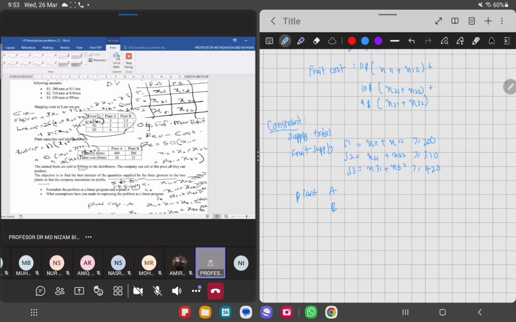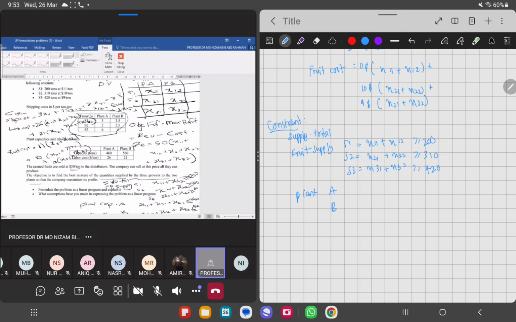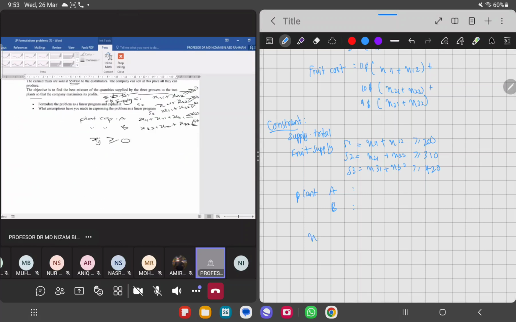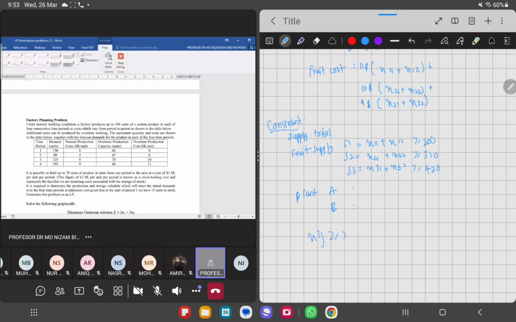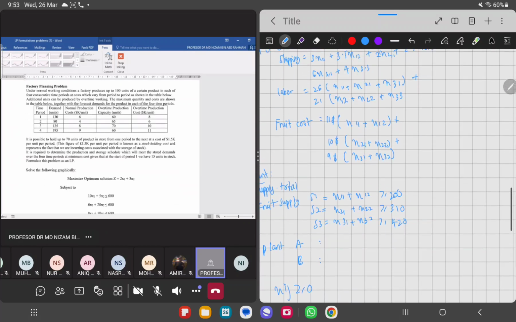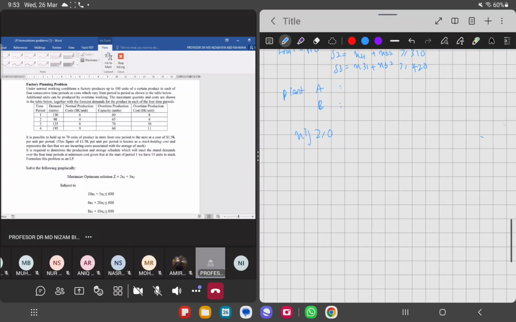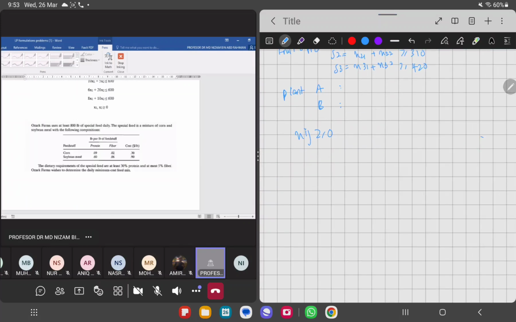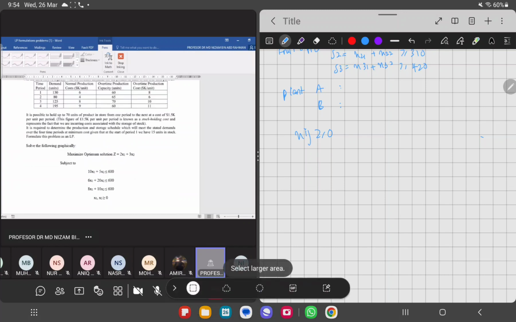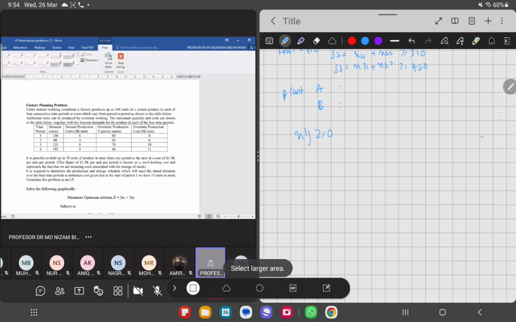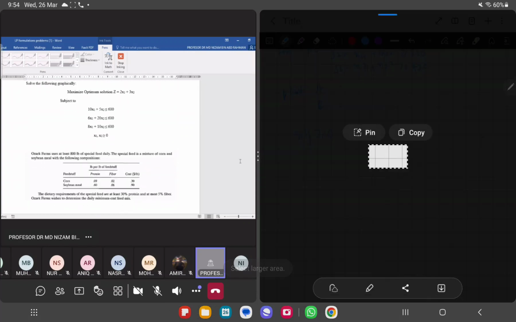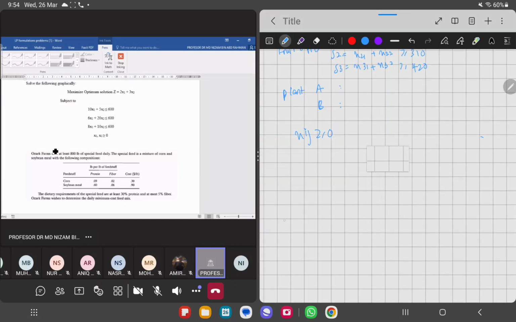Okay. So what I want you to do next, because we are out of time, I have class at 10. For this Friday, we have class on Friday, right? So look at this factory planning problem, and the other problem, the Ozark Farms problem.